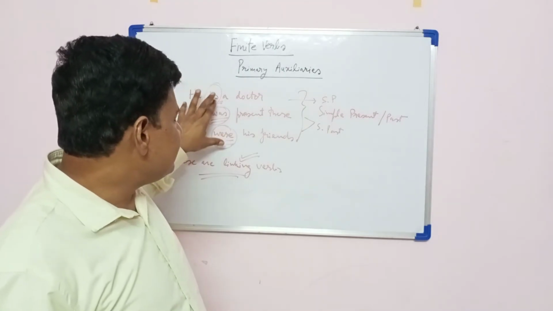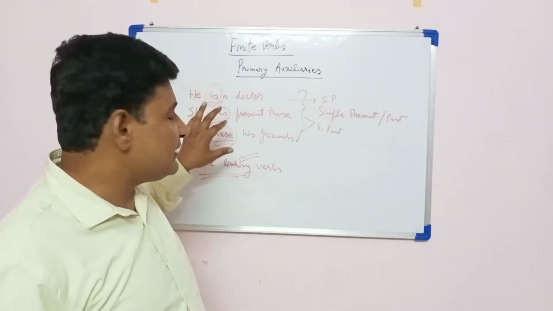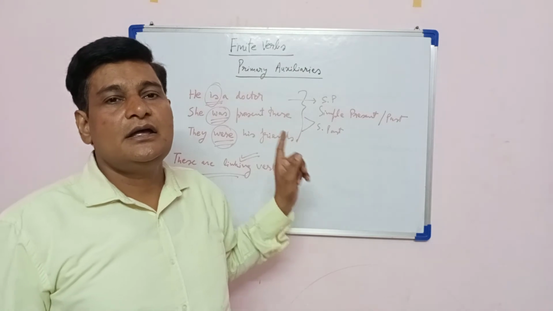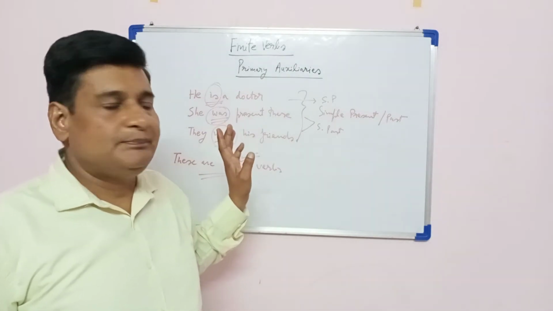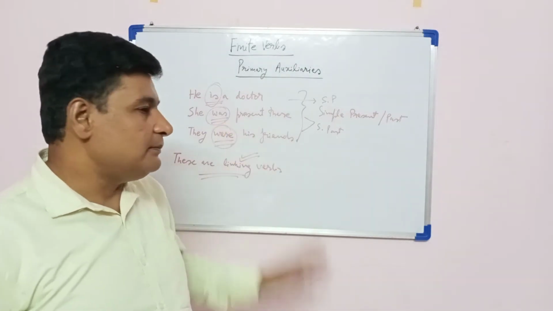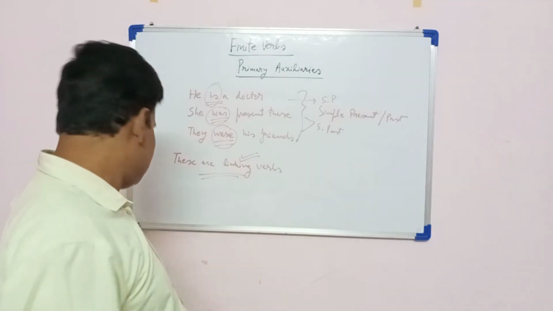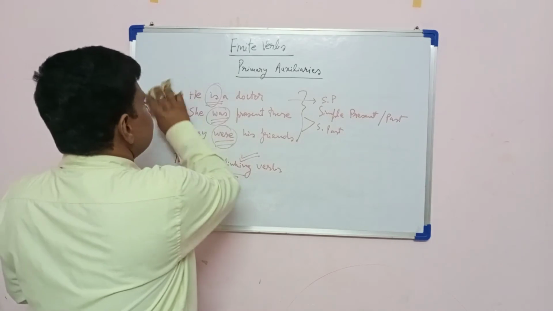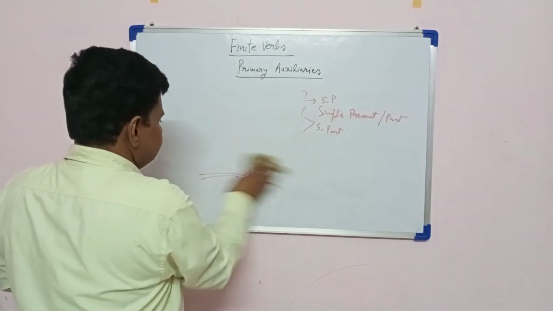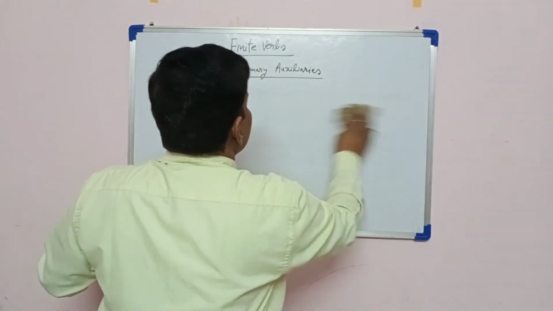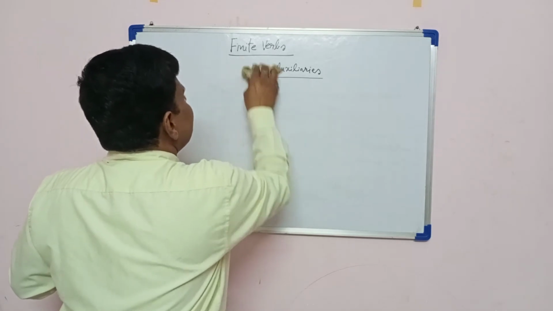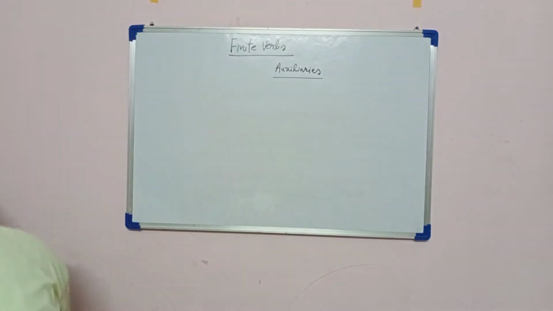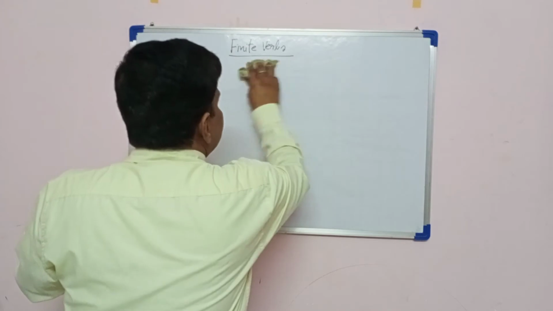That's why it is not a primary auxiliary. It is actually a linking verb. So this is the difference that you need to understand. So now we will understand linking verbs.